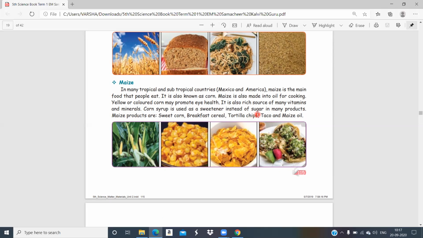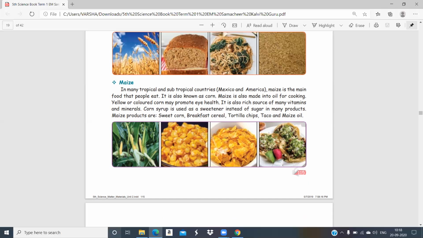It is also a rich source of many vitamins and minerals. Corn syrup is used as a sweetener instead of sugar in many products. Maize products are sweet corn, breakfast cereals, tortillas, chips, tacos, and maize oil.